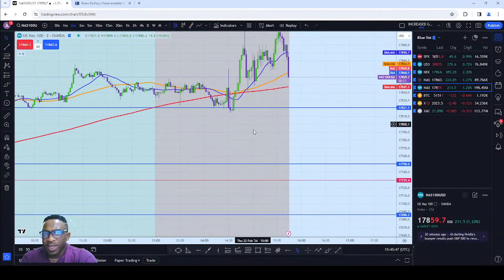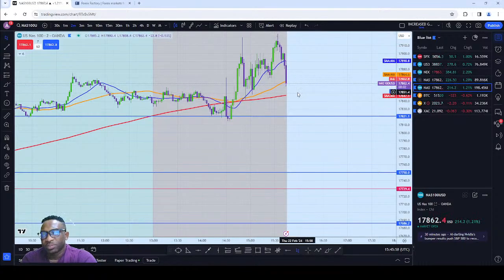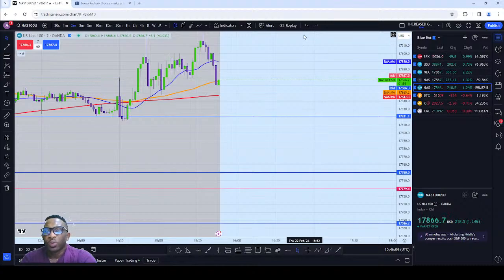So as we see here, talking about the narrow state, wide state, narrow state, wide state, price moved from this narrow state to this wide state, and now it's pushing back to the narrow state again, then prepares itself to move to the wide state if it wants to continue going north.